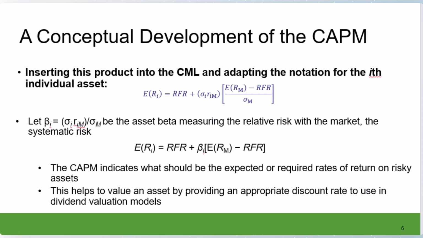So the CAPM equation should be read in words, not just symbols. The risk-free rate of return is the compensation for waiting. That's the time value of money concept. The market risk premium is the extra return investors demand for bearing market risk.